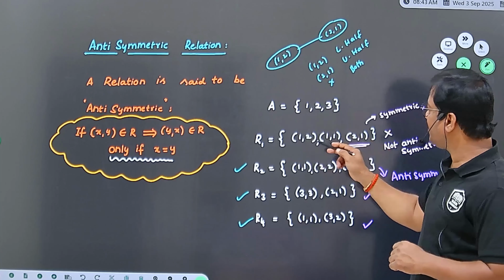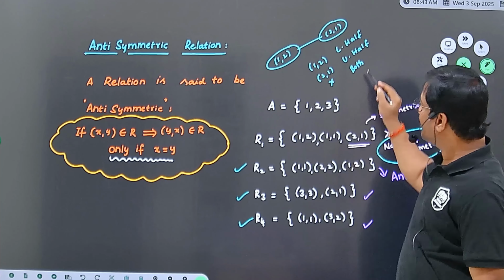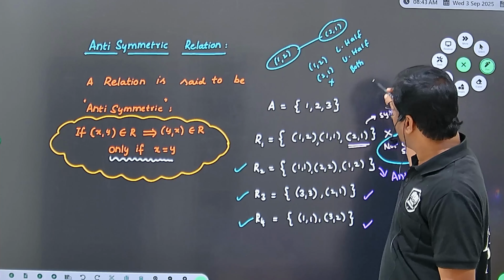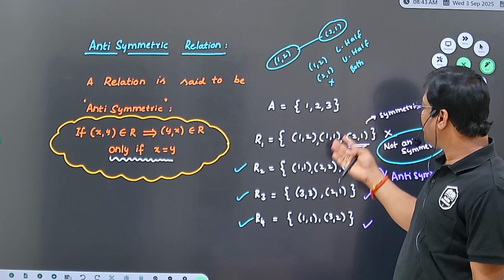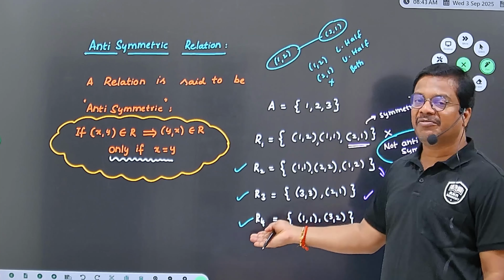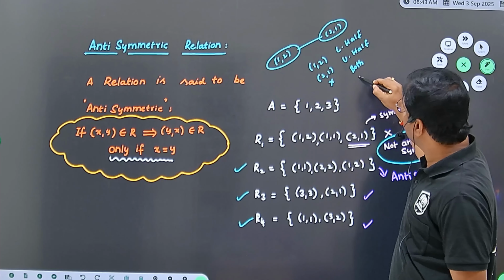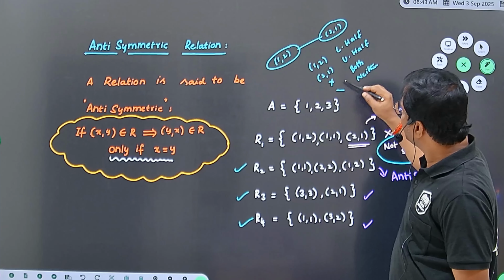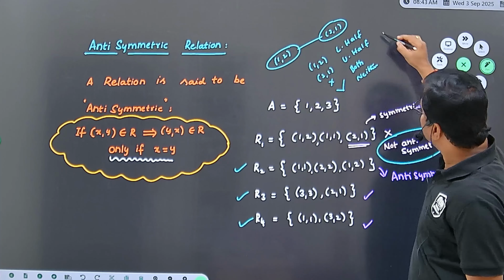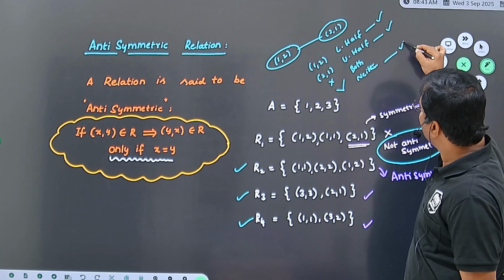Because if you choose both of them, then it is not antisymmetric. So both is impossible, and neither of these two. Without (1,2), (2,1) also you can frame antisymmetric relations. So neither of these two is another possibility. So this is possibility number 1, 2 and 3.